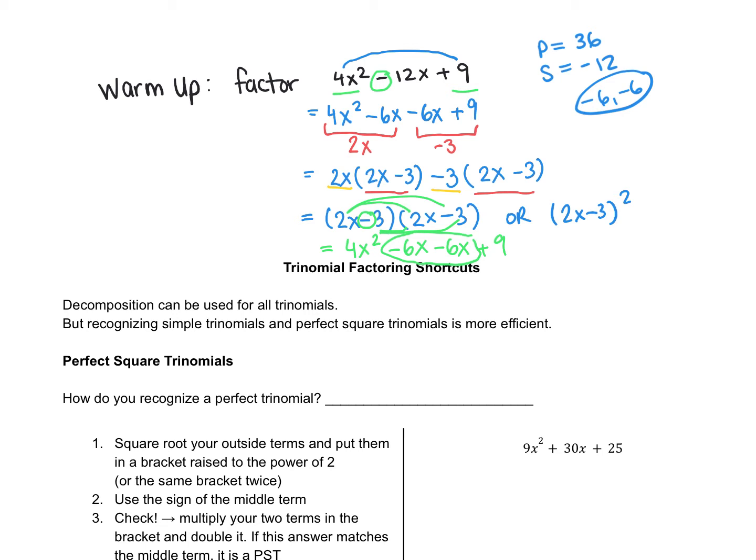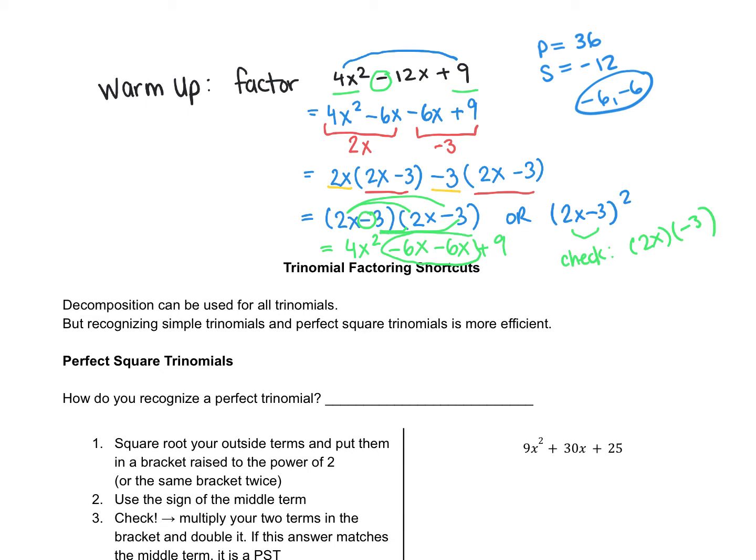Now how did we get that negative 6x? By multiplying the 2x and the negative 3. So this actually creates a little check for us. When you see this potential perfect square trinomial, if the middle term had been anything but a 12x, you would have had to do decomposition. So our check is to multiply the two terms in our brackets, so the 2x and the negative 3.